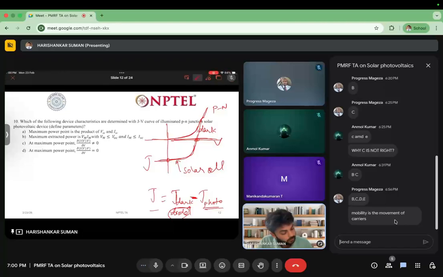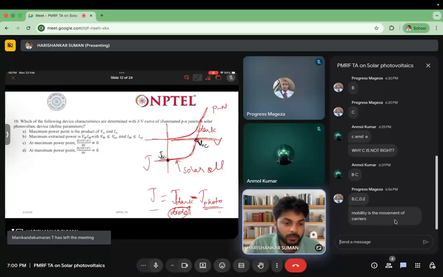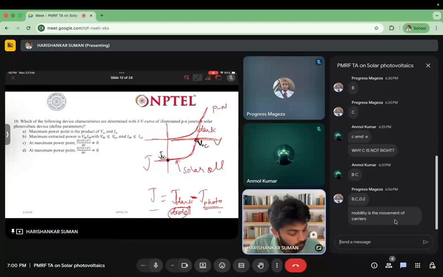Let me. This is VOC, the open circuit voltage. This point is JSC, the short circuit current. And you have to find the maximum point where the product of J and V is maximum. Let's say this is J maximum current, maximum voltage, VMP.